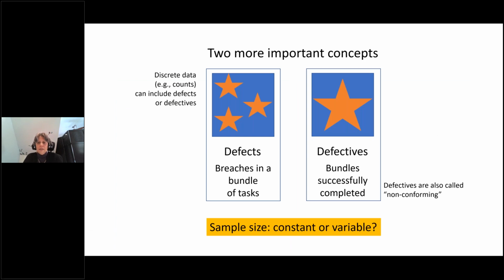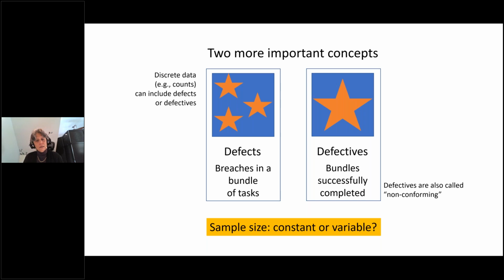There are two more really important concepts, and these are kind of unique to control charts. One is the idea of defects and defectives. For discrete data like counts, you can have defects. A classic example is patients falling. One patient can fall more than one time.